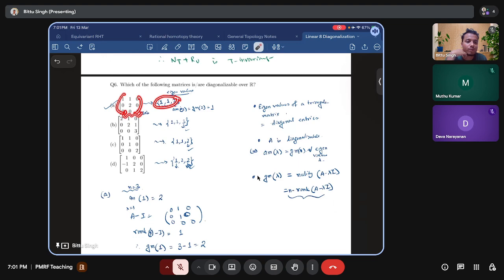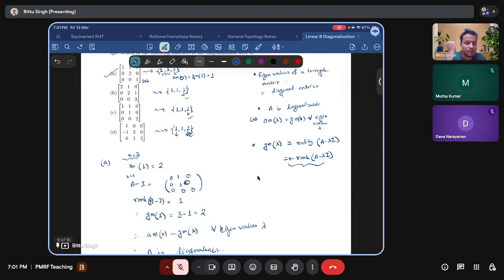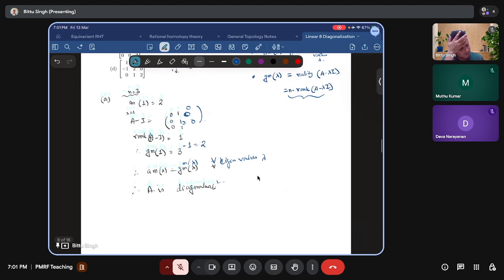Therefore, the corresponding eigenvectors will also be real eigenvectors. All the entries in the eigenvectors will come from real numbers. So it is not only diagonalizable over C, it is also diagonalizable over R.